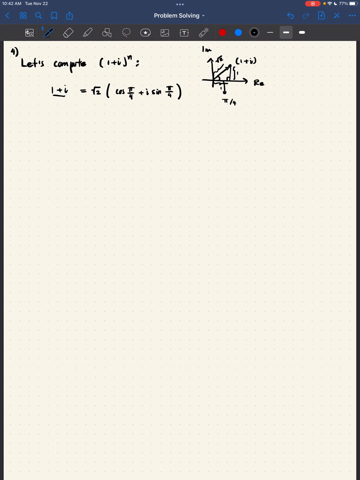Okay, so from this point, I think we now have the following. Because if you want to write 1 plus i to the power of n, we simply compute this.